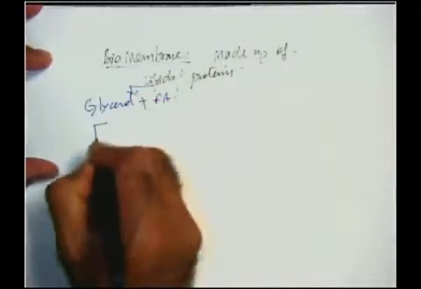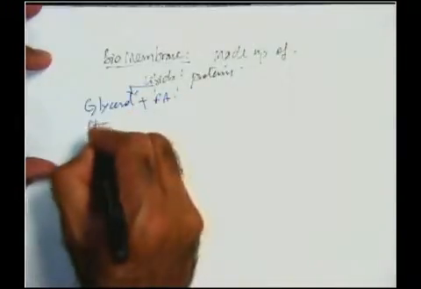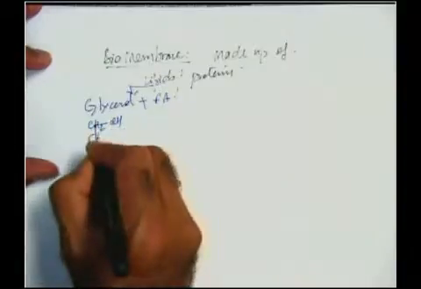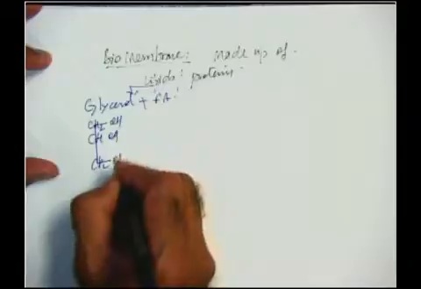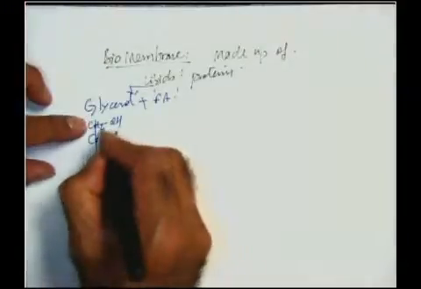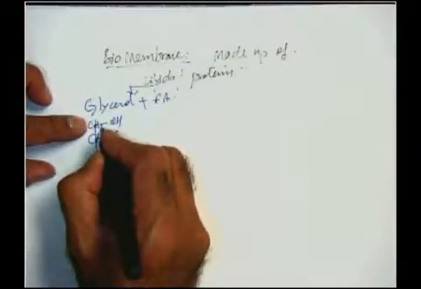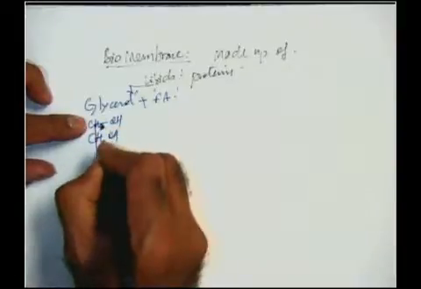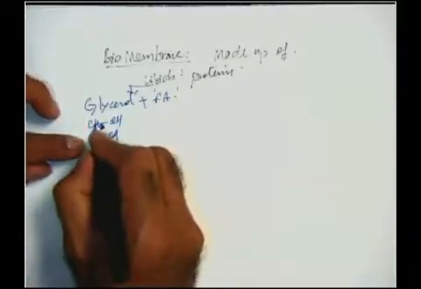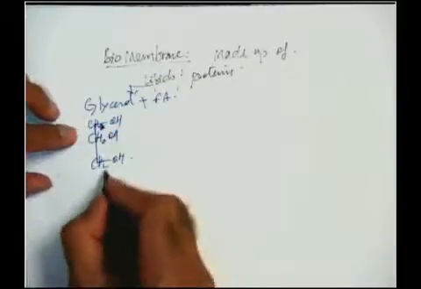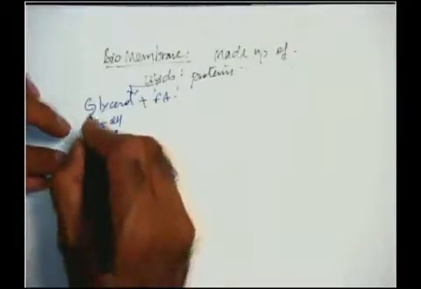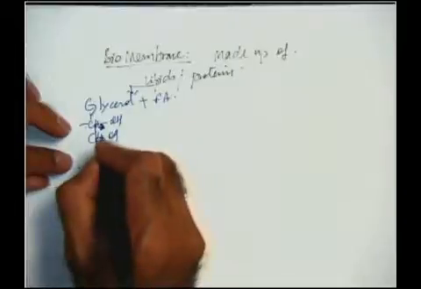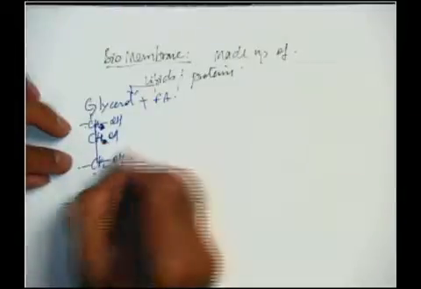The glycerol structure: CH2OH, CHOH, CH2OH, with hydrogens on each carbon.